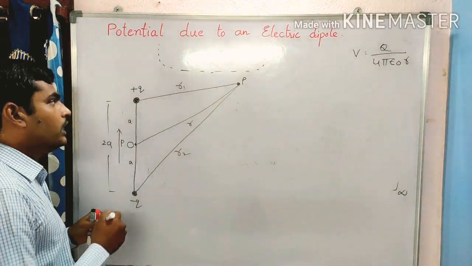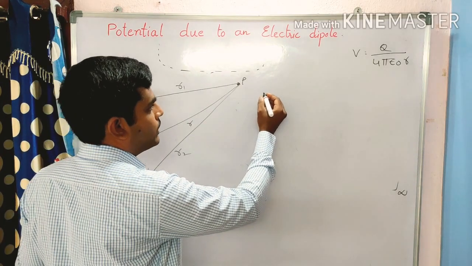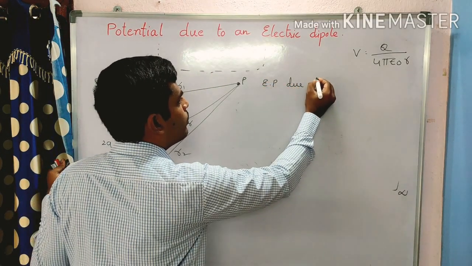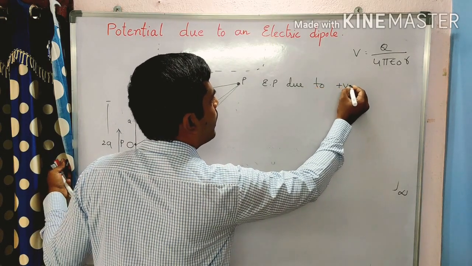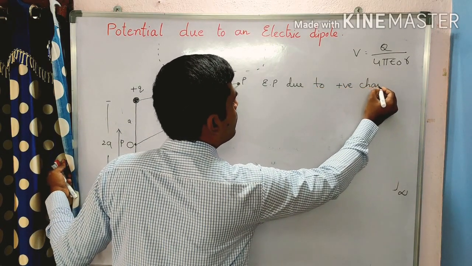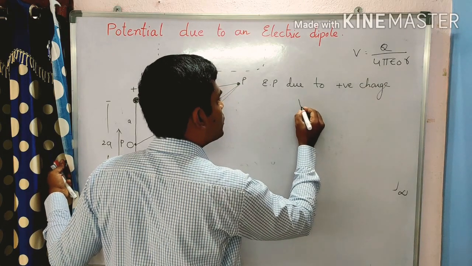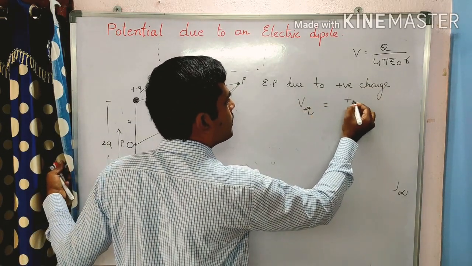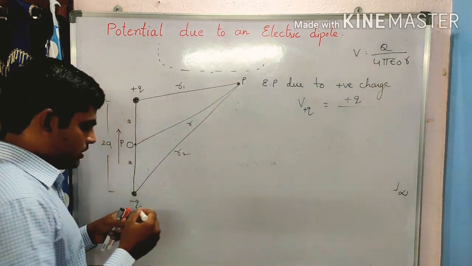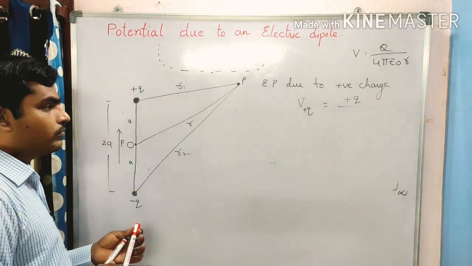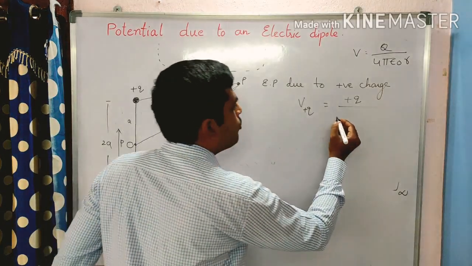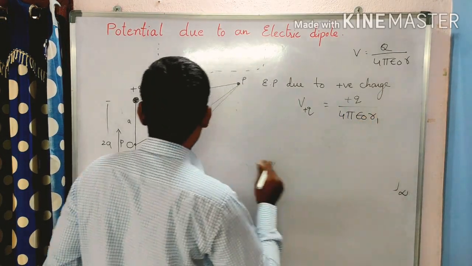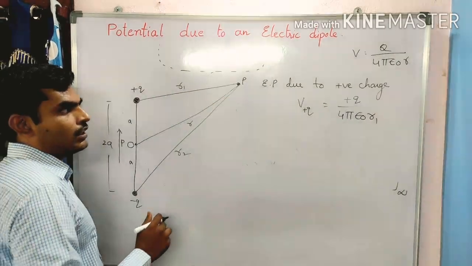Electric potential due to the positive charge, V plus Q, is equal to plus Q by 4 pi epsilon naught R1, since it is at a distance of R1.